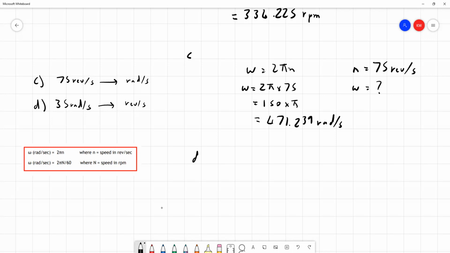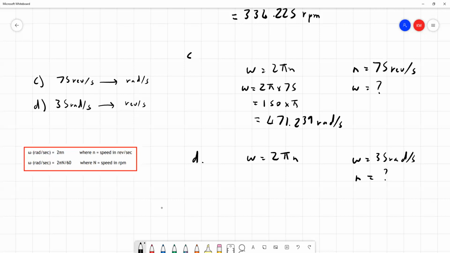In part D, again, we're working between radians per second and revs per second, but this time we're converting in the other direction. So it's the same conversion formula as part C, but this time we know omega, it's 35 radians per second, but we don't know the lowercase n, which we want to find out in revs per second.